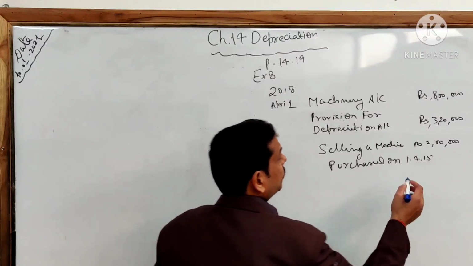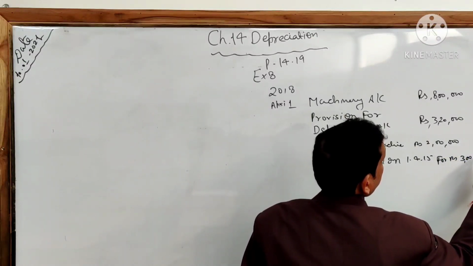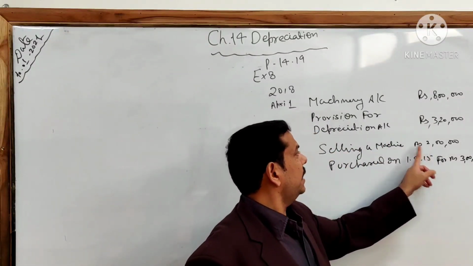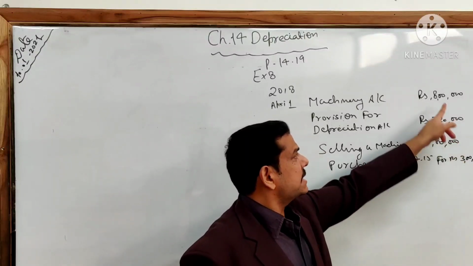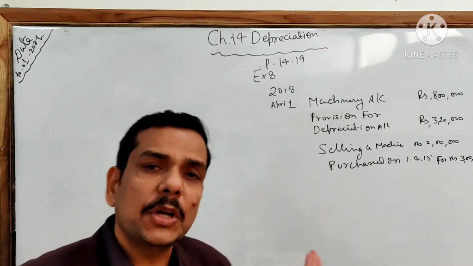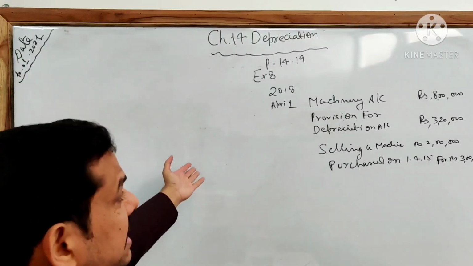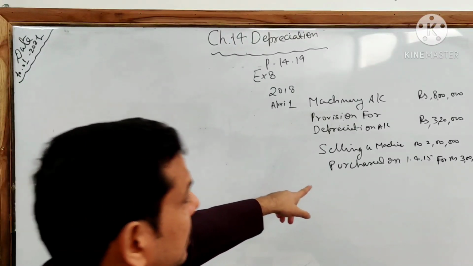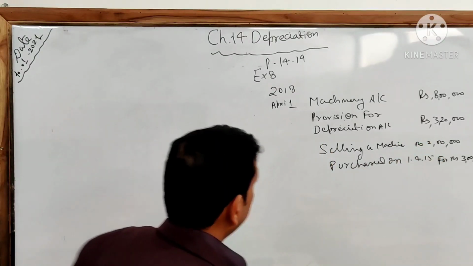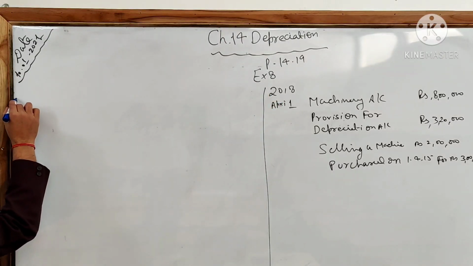The machine was purchased on 1/4/15 for rupees 3 lakh and sold for 2 lakh. To find out the profit or loss on the sale of the machine, we have to make working notes to find the current year figure of the machine as well as the total depreciation of this machine.